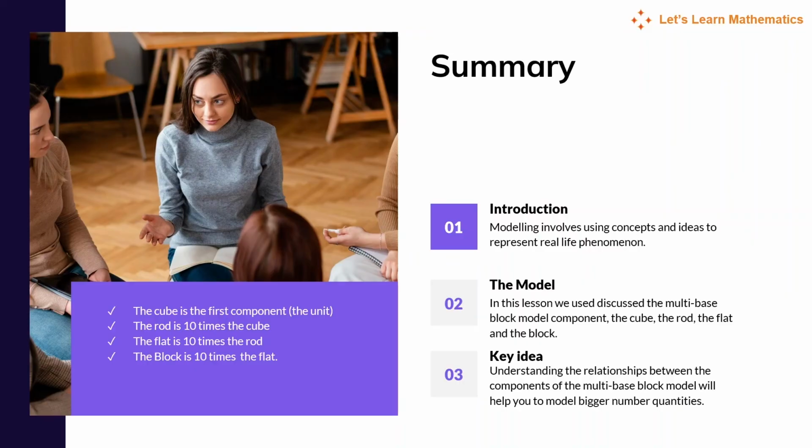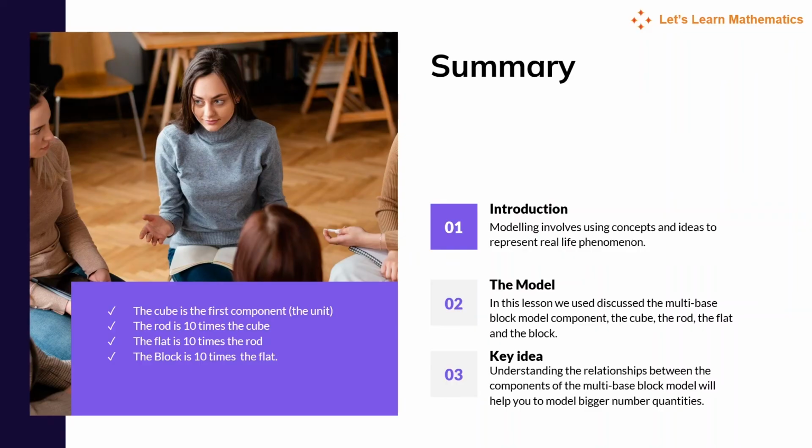Learn how to relate these four components. The most important thing about this lesson is that you know the relationship between the four components. So for instance, 10 cubes will give you one rod, 100 cubes will give you one flat, 1000 cubes will give you one block, 10 rods will give you one flat.